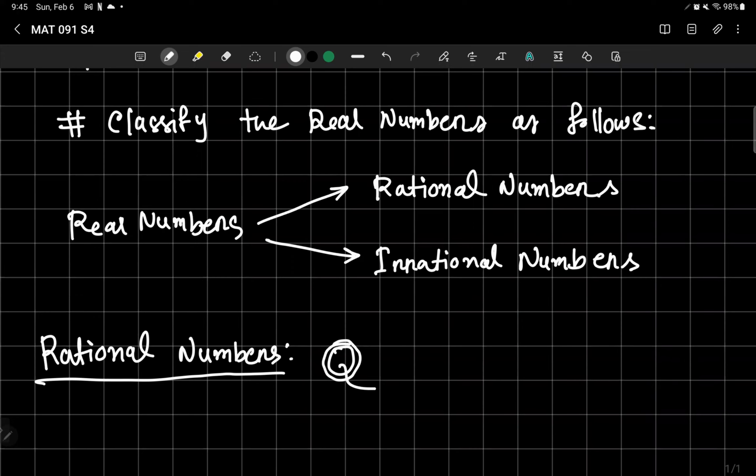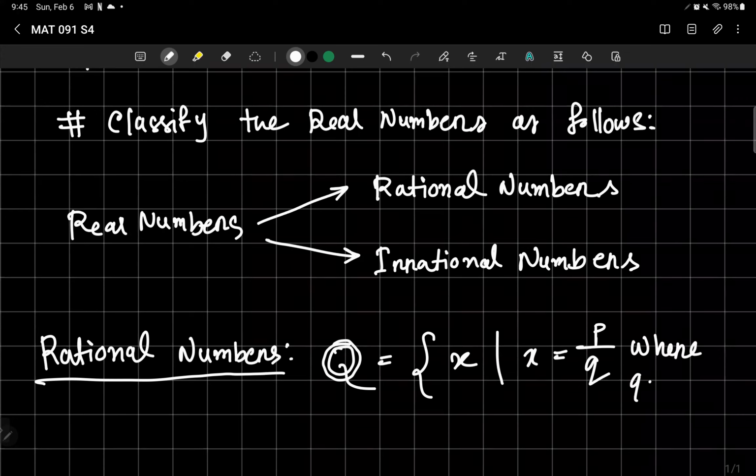So these are numbers, let's say I'm denoting a rational number with x, such that x has this form p by q, where q is not equal to 0 and p and q are co-prime numbers.